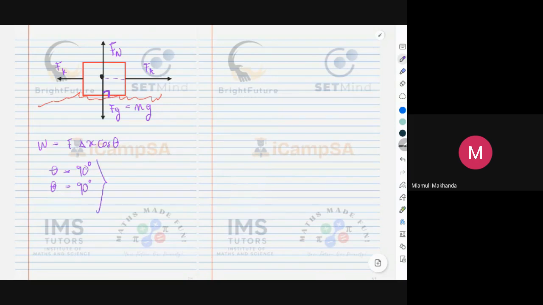So if we take this, then say cos 90 degrees, what would you get? Anyone? I will wait with you. I want to know what is cos 90.